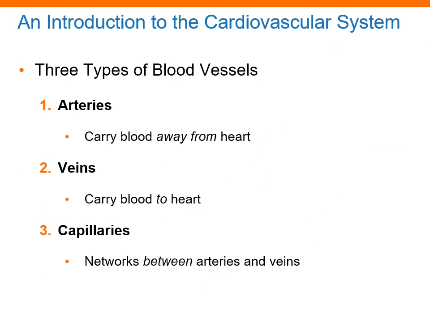Starting off with the basics of blood vessels, we do have an entire lecture, a very long lecture on blood vessels and how they're designed and how they dilate, how they constrict. But we're going to start off with the basics here in this introductory lecture. Three types of blood vessels, starting with arteries. It's easy to be tempted into thinking that arteries always carry oxygen. That is false.